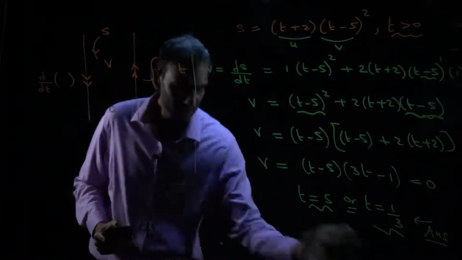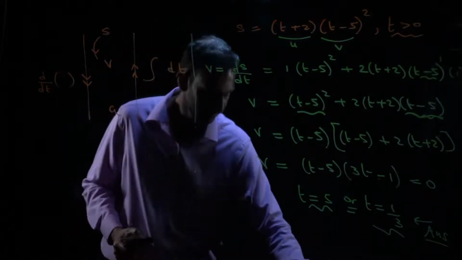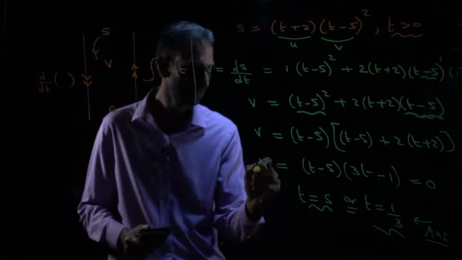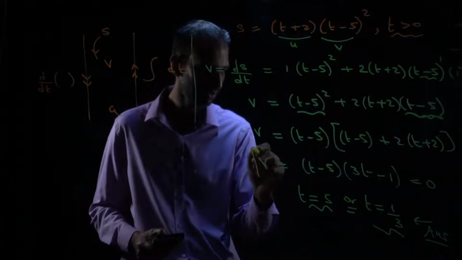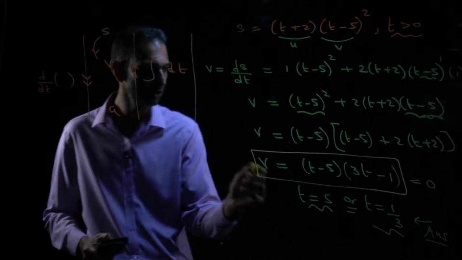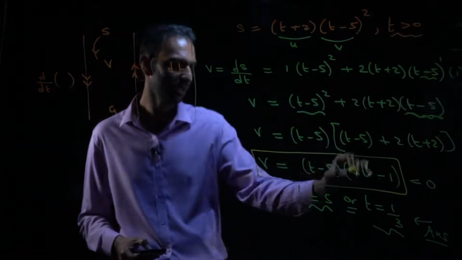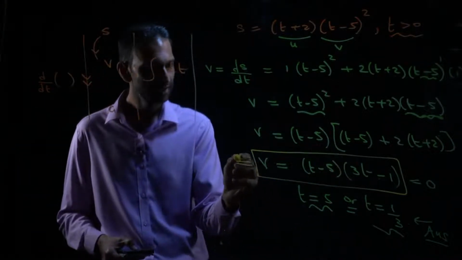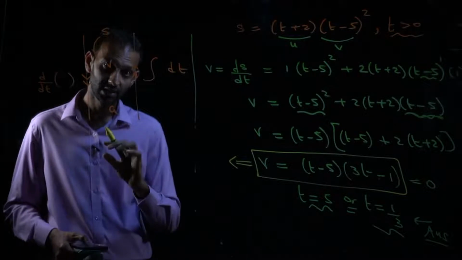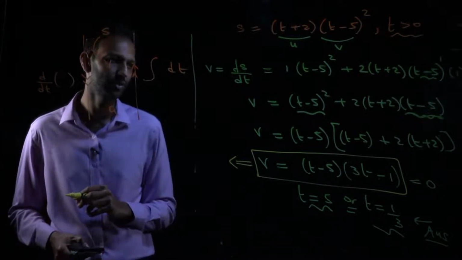Now, just a quick recap on this. When we factorize the t minus 5, basically we can also expand that just to see what kind of equation is that. So if you look at it, it's quadratic. Sometimes it is helpful to expand it, especially when they tell us to find the acceleration.